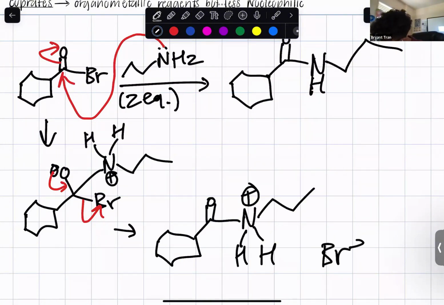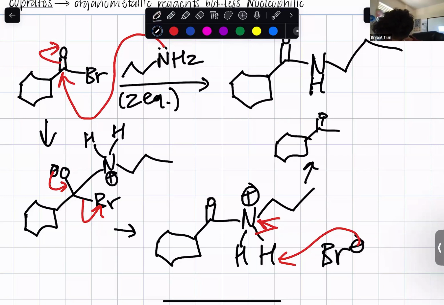And then this Br minus right here is going to deprotonate that to get this final product here. But HBr or HCl is going to be in the form of gas, which is toxic, but we can neutralize this right away with the second equivalent of the amine that we have in the reactant, right?